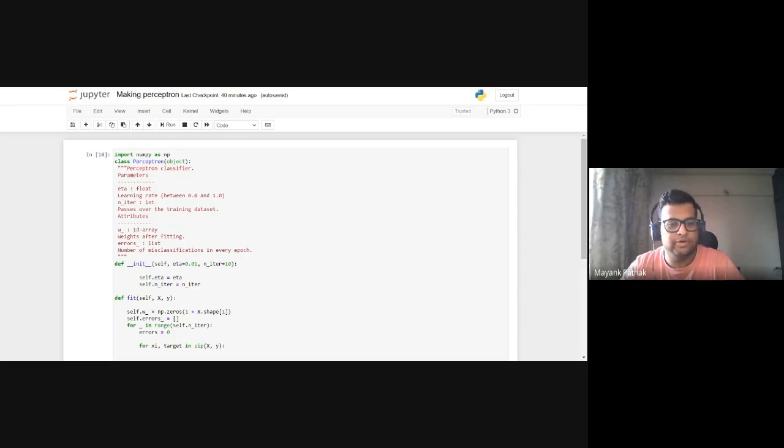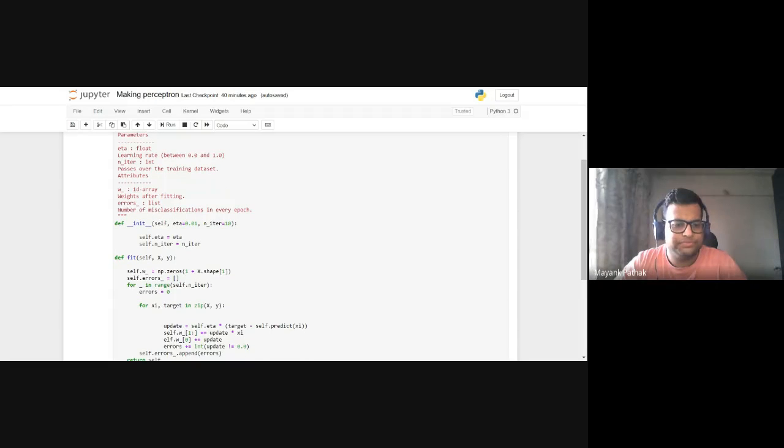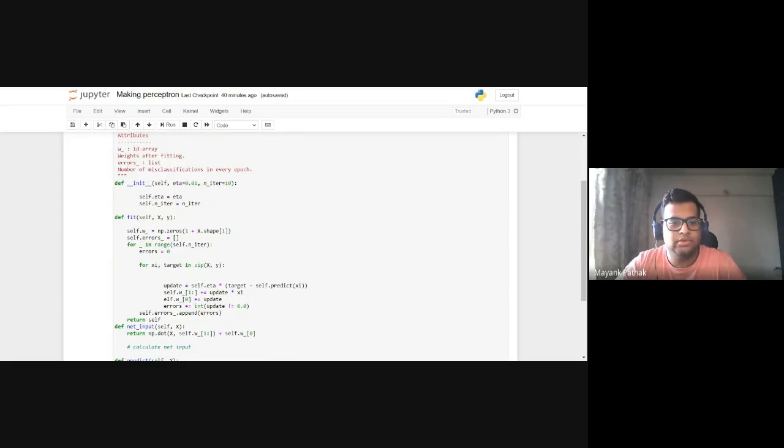These are called epochs over the training set. So n_iter is nothing but epochs. w is our 1D array, which is obviously the weights, and for the errors we have instantiated a list so that we can update it and append the values.